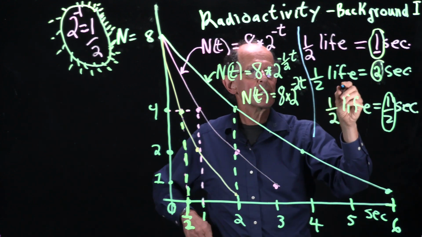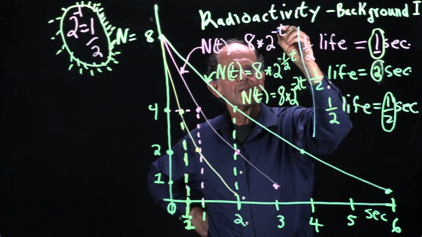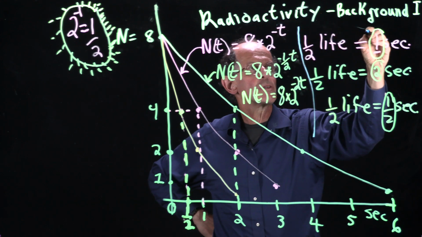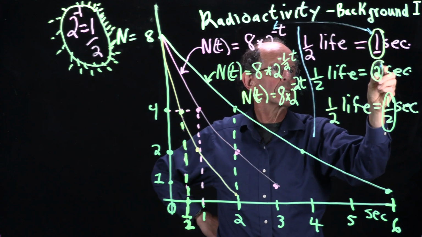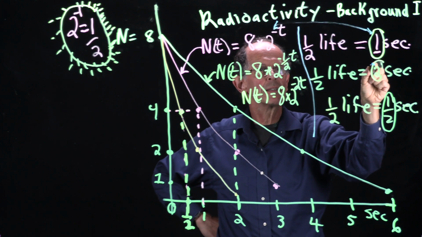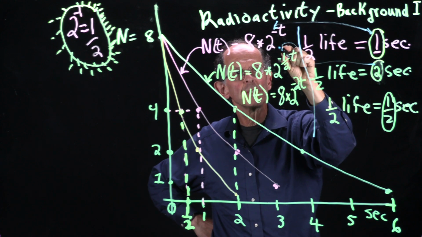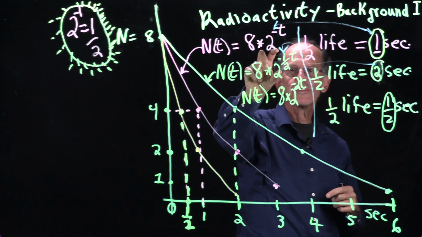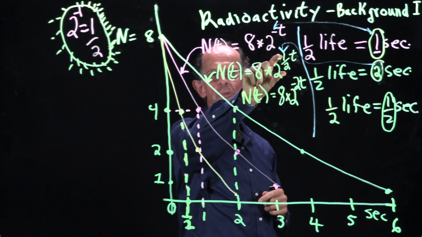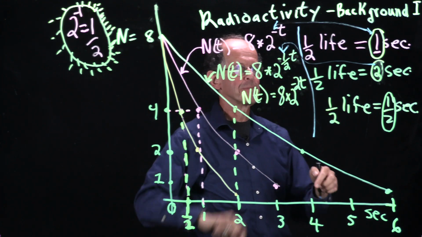Now I want you to see a pattern here. This should be 1, so that corresponds to that. No big deal there. But look, the half-life here appears in reciprocal form there. So the half-life is 2, but this constant, which is called the rate constant, is a half.